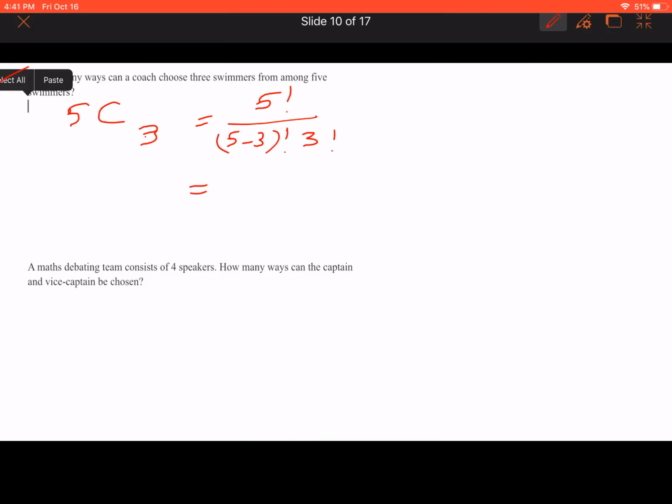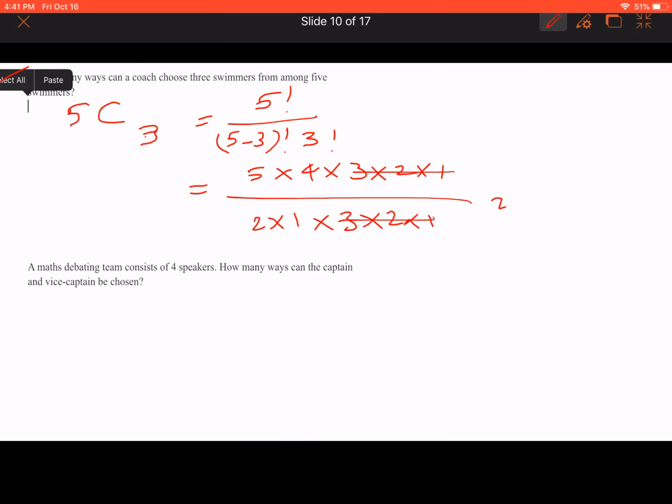That is 5 times 4 times 3 times 2 times 1, divided by 5 minus 3, which is 2 factorial, so 2 into 1, and 3 factorial is 3 into 2 into 1. Okay, so 5 fours are 20, divided by 2, which is equal to 10. So there are 10 combinations by which the coach can select 3 swimmers out of the total 5 swimmers.